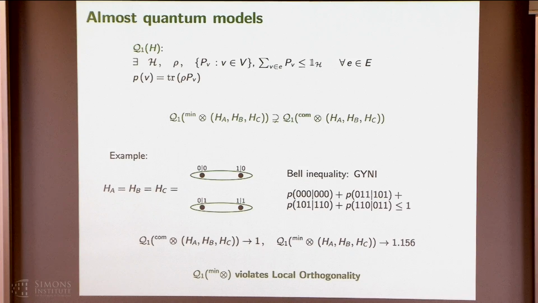So not just for this particular inequality, for which it would be trivially the case, since this is a local orthogonality constraint to begin with, but for other Bell inequalities that are not in local orthogonality form, imposing local orthogonality from the outside reduces the gap.